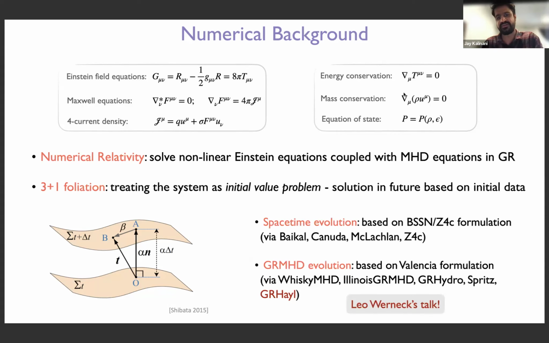And to do that, you have many spacetime evolution codes in the market based on the BSSN or Z4C formulation, like Baikal, Canuda-X, McLachlan Z4C. Now, Leeway also talked about a couple of them, and also we have Lucas's code as well. And for GRMHD evolution, typically they are based on what is called the Valencia formulation.